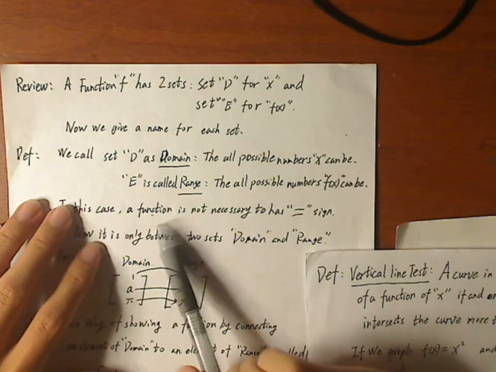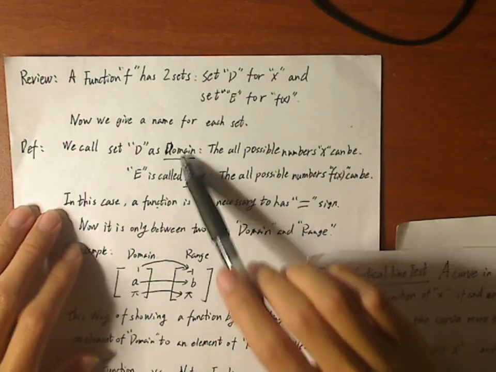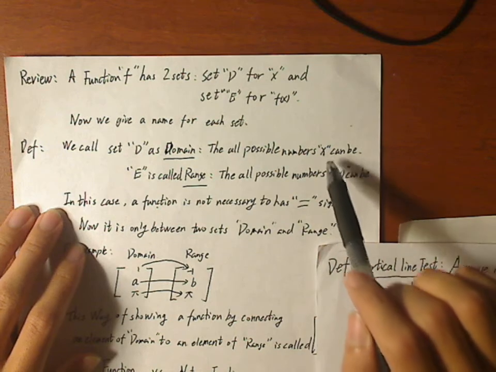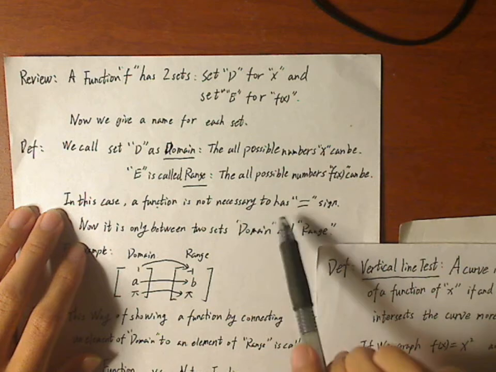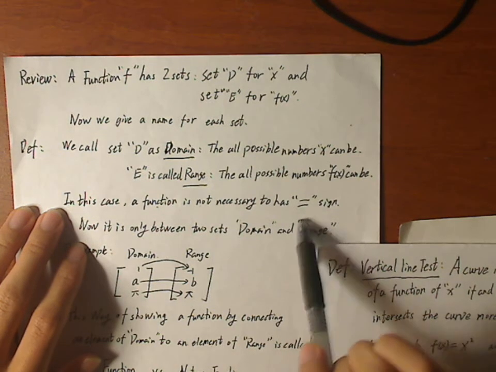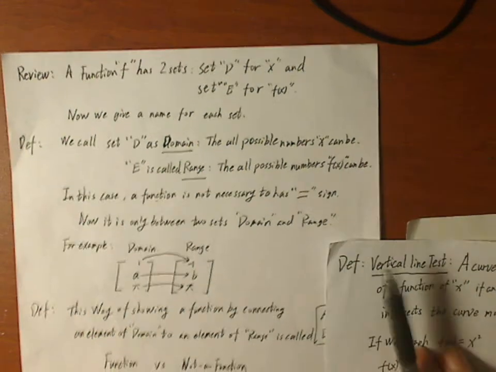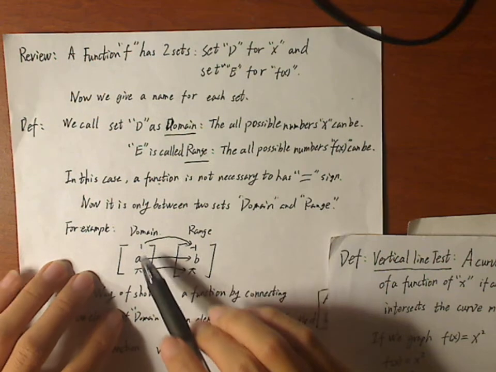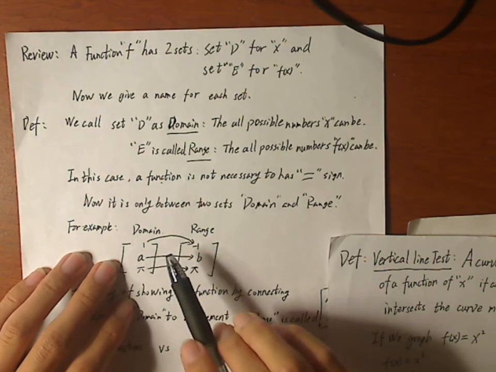So for this type of function, because domain and range are only dealing with x and f(x), for a function we don't necessarily need the equal sign. We can just have a visual expression showing the domain and range, two sets right away.